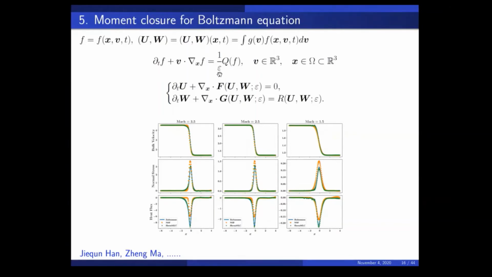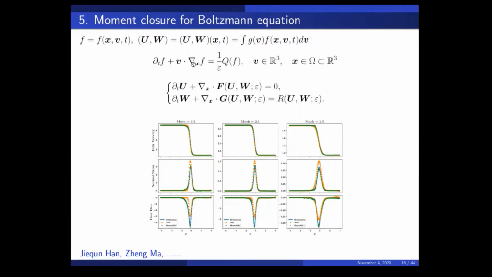If epsilon is small, this Boltzmann equation can be approximated accurately by Euler's equation. But if epsilon is large, that's no longer the case. So the question has always been, can we extend Euler's equation to include more moments of the Boltzmann equation and obtain a system that can describe gas dynamics over a wide range of Knudsen numbers?